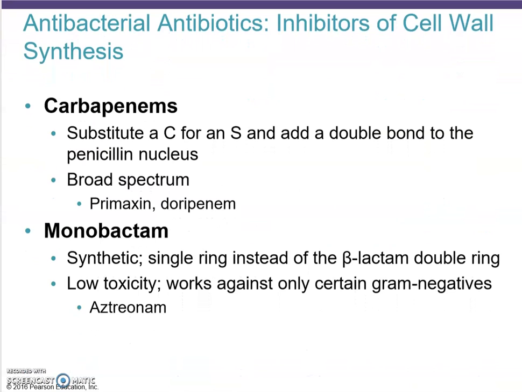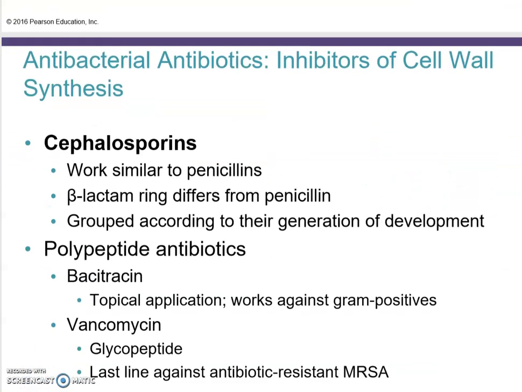Here more inhibitors of cell wall synthesis, the carbapenems. They substitute a carbon for sulfur and then add a double bond. So it's just some chemical modifications. Monobactam, also just some chemical modifications that you are doing to the molecule to prevent the bacteria from getting around it.